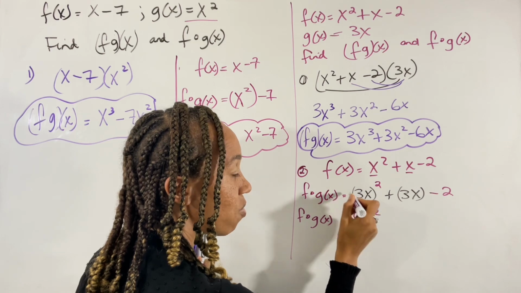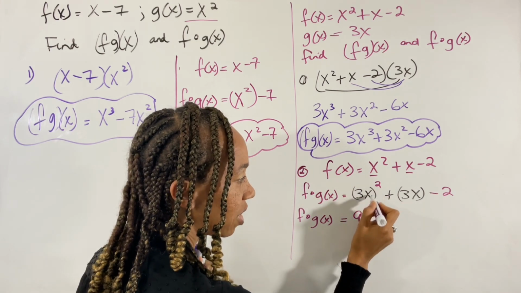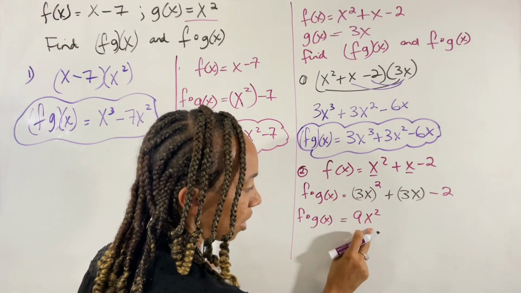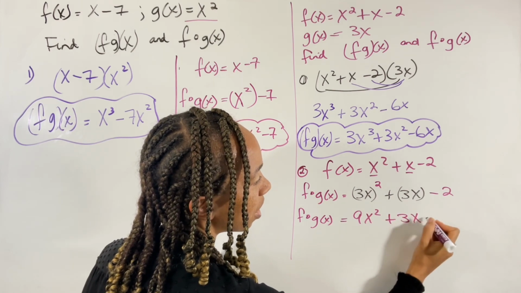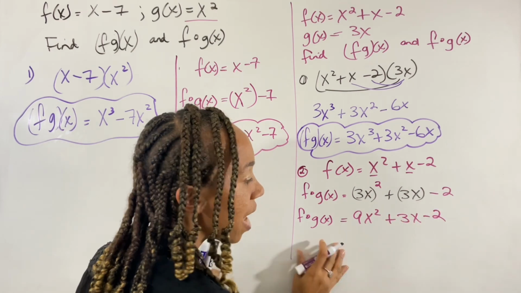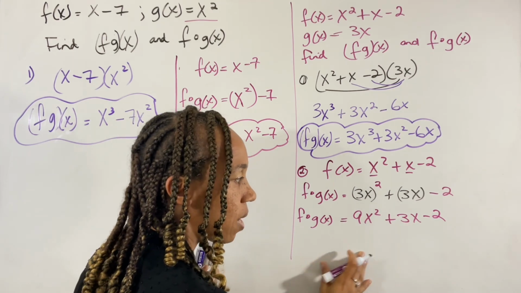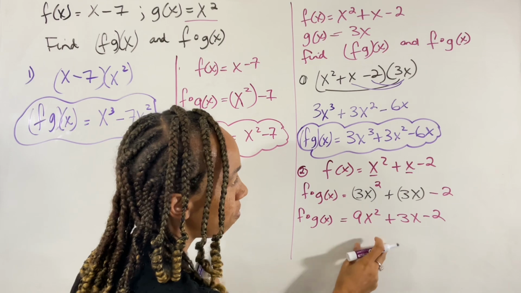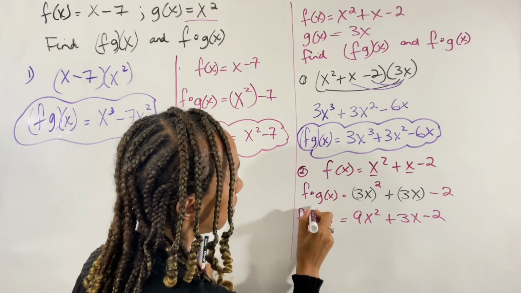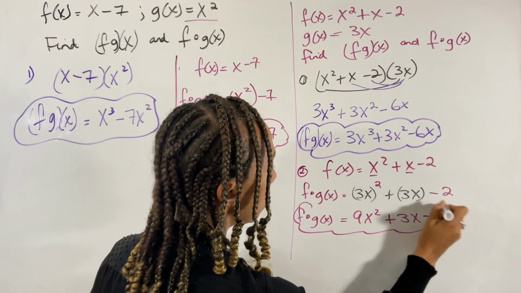So 3 times 3, which is 3 to the second power, is 9, and x to the second power is x squared, plus 3x minus 2. You can't combine any like terms here because there are no like terms to combine in this case. So you have to be very careful, and this is what your answer will be.